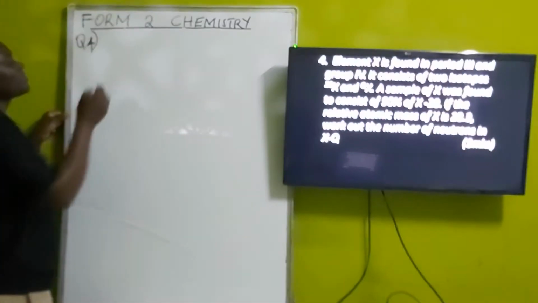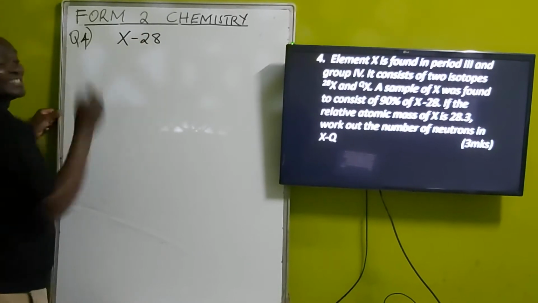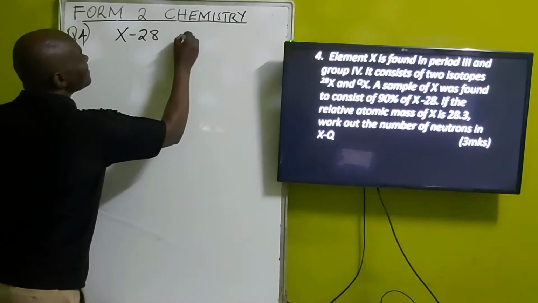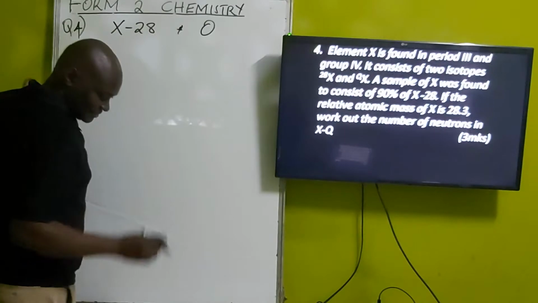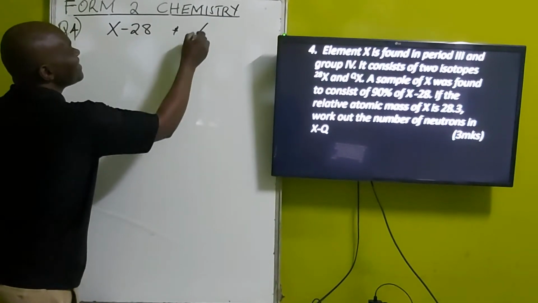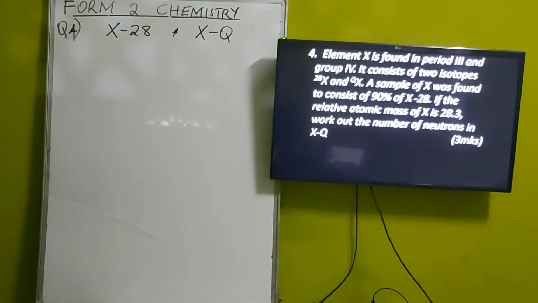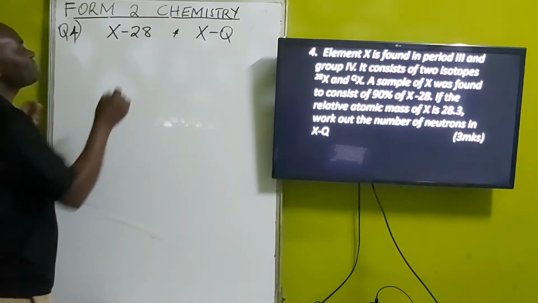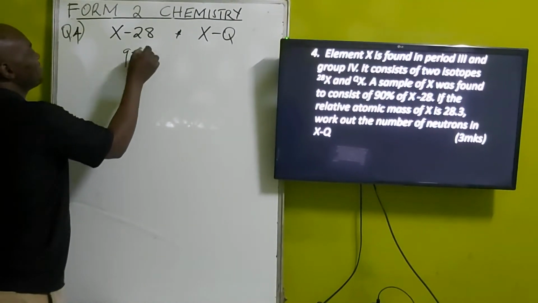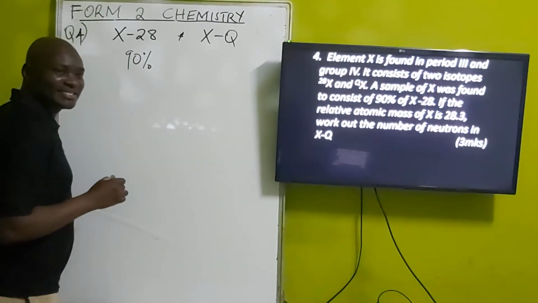So we have two isotopes, X28 and XQ. Now, we're told a sample of X was found to consist of 90% X28.